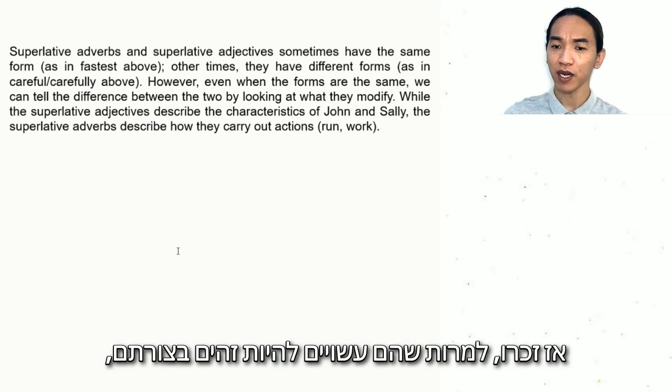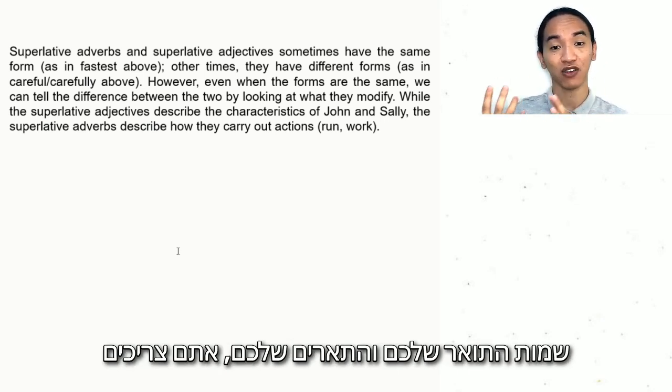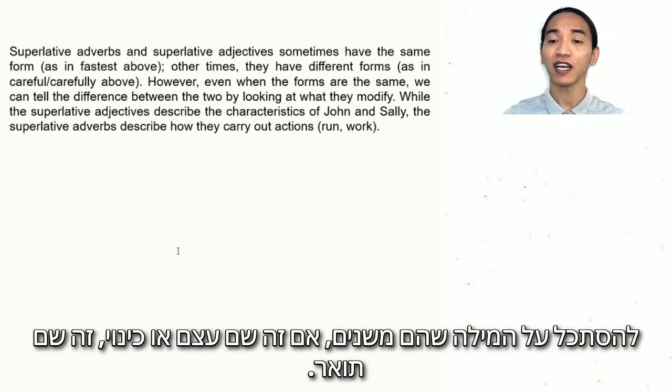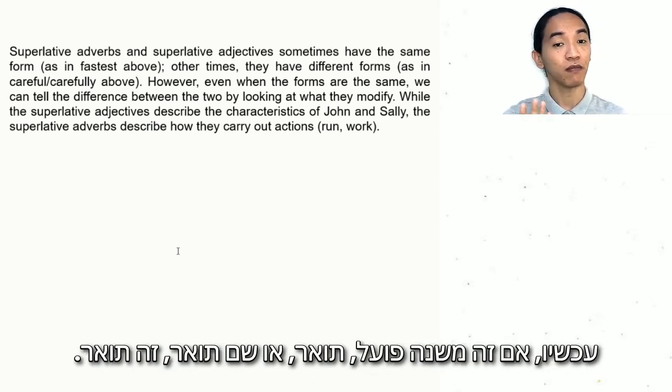So remember, although they might be the same in form, your adjectives and your adverbs, you have to take a look at the word that they modify, if it's a noun or a pronoun. Therefore, it is an adjective. Now, if it modifies a verb, an adverb, or an adjective, therefore, that is an adverb.